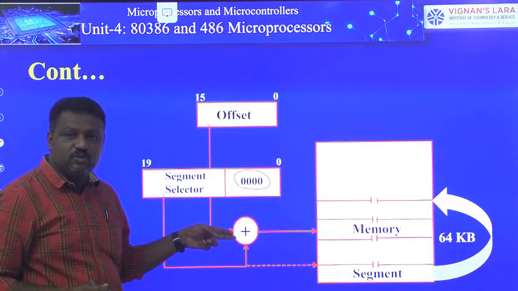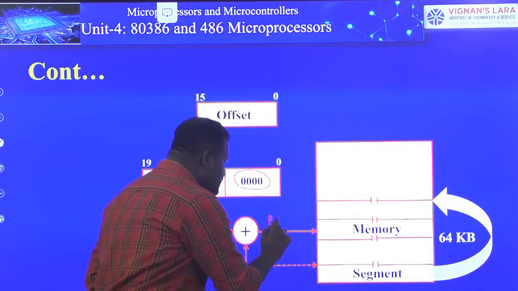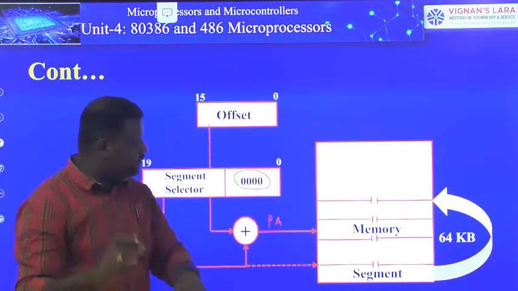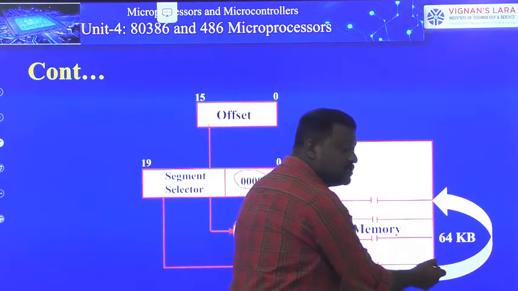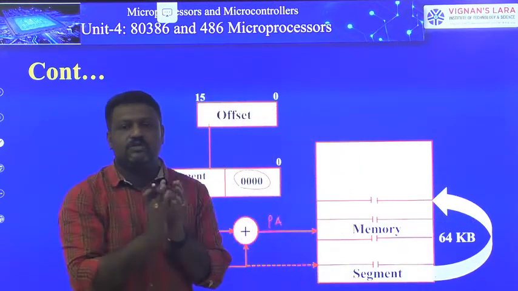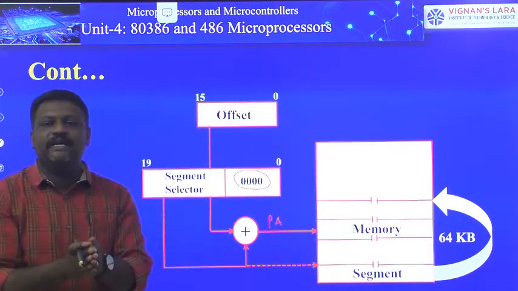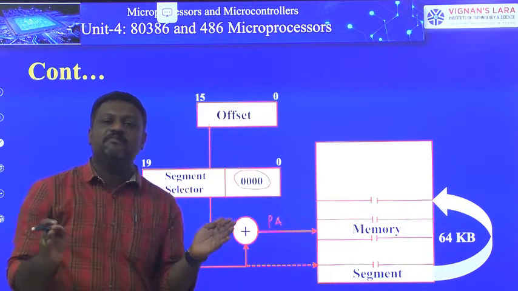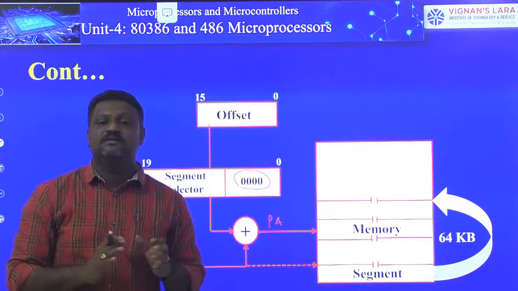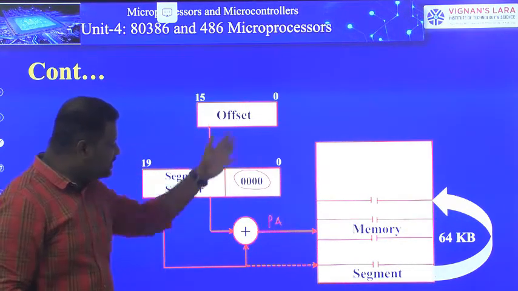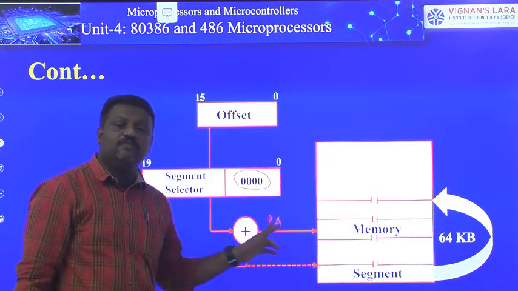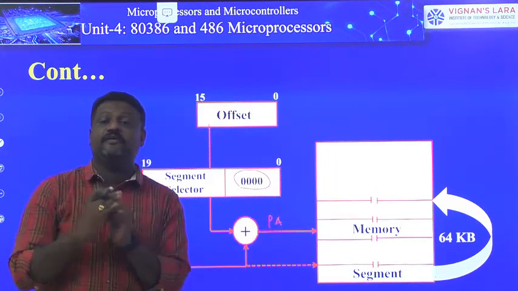By adding these two, I get the physical address. I already told you the segment size is a total of 64 kilobytes, from this to this. So the total memory your 80386 can support in real mode is only 1 MB, in which the segment size is 64 kilobytes. This is how your 80386 produces a 20-bit physical address in real mode.